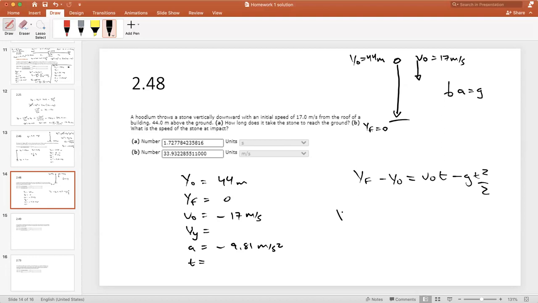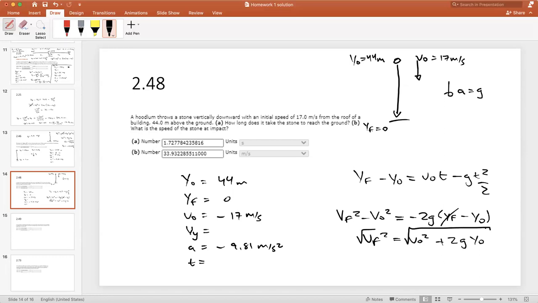I know that v final squared minus v initial squared is equal to minus 2g times y final minus y initial. This is 0, okay? This is not 0. So I get v final squared is equal to v initial squared plus 2g y naught. And if I take the square root of both sides, and I need to remember that v final is going to be negative because it's down, I get that v final is negative of this.